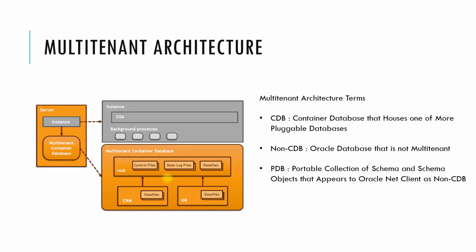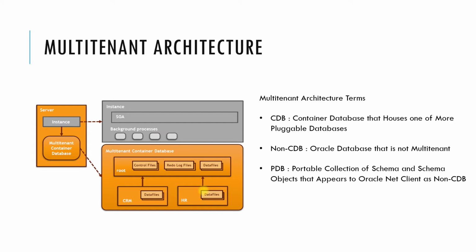One more difference is that the control files, the online redo log files, the parameter files, as well as archive log files belong only to the CDB. They do not belong to any pluggable database.